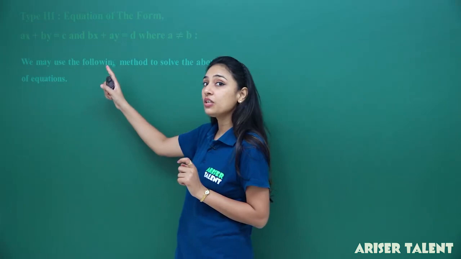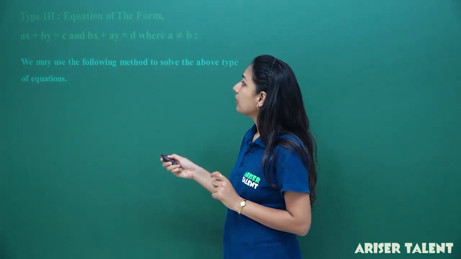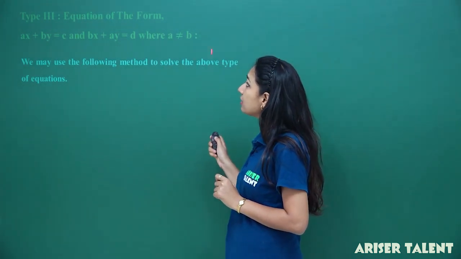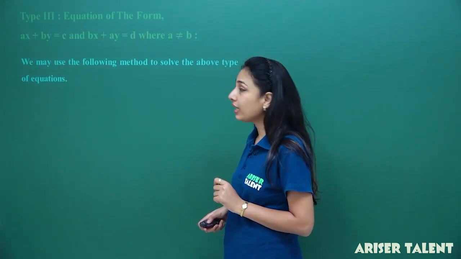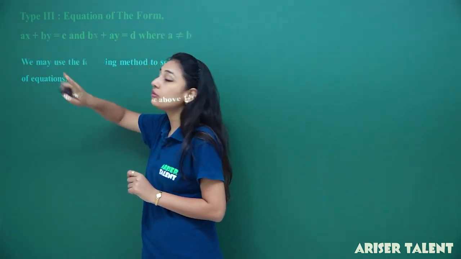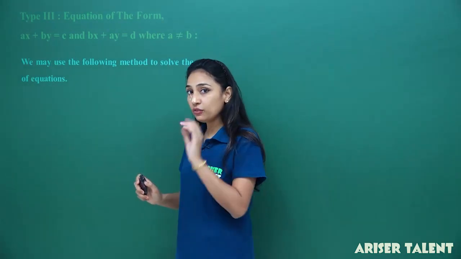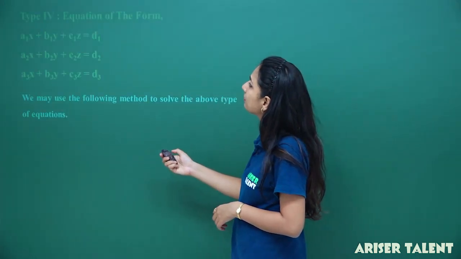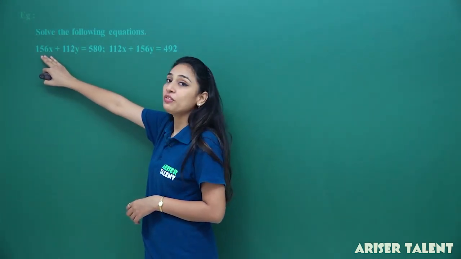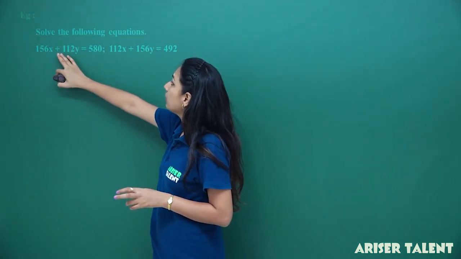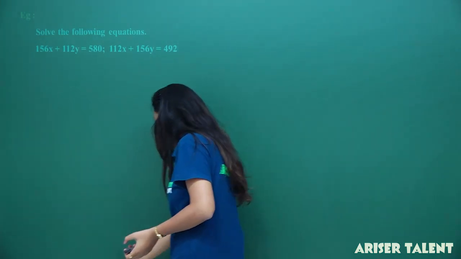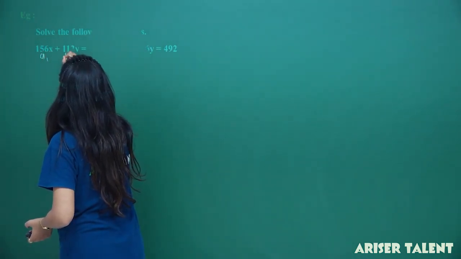This specific format, students, is ax plus by equals c and bx plus ay equals d, where a is not equal to b. In that particular format, if you see a particular equation, let's say this is a1, this is b1.